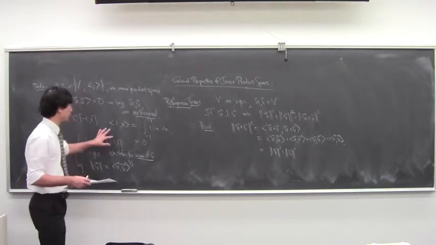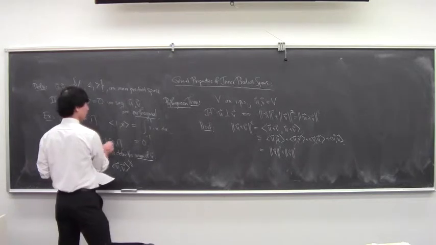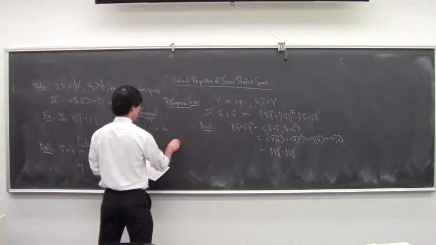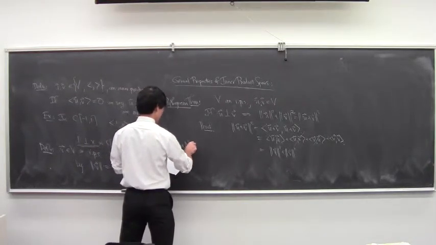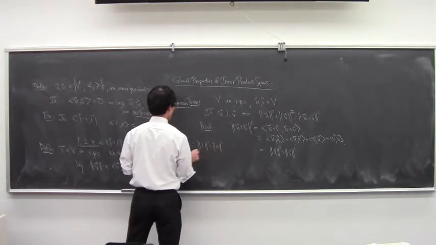So for example, right back here, 1 and x are perpendicular to each other, so I know that the magnitude of 1 plus x squared is the same thing as the magnitude of 1 squared plus that of x squared.